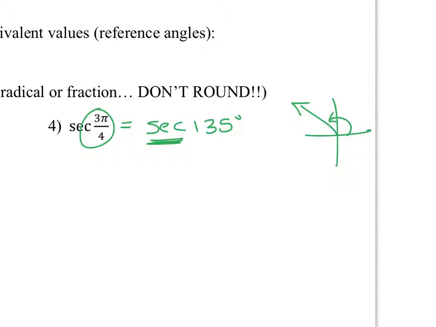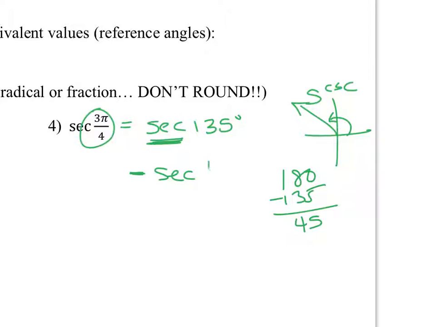Secant of 135 is negative, because sine is positive here, and sine's reciprocal is cosecant. So it's negative secant, and then the reference angle: the whole angle is 180 all the way to the x-axis, so I cut out that 135, so it's 180 minus 135, which is 45. So it's negative the secant of 45.